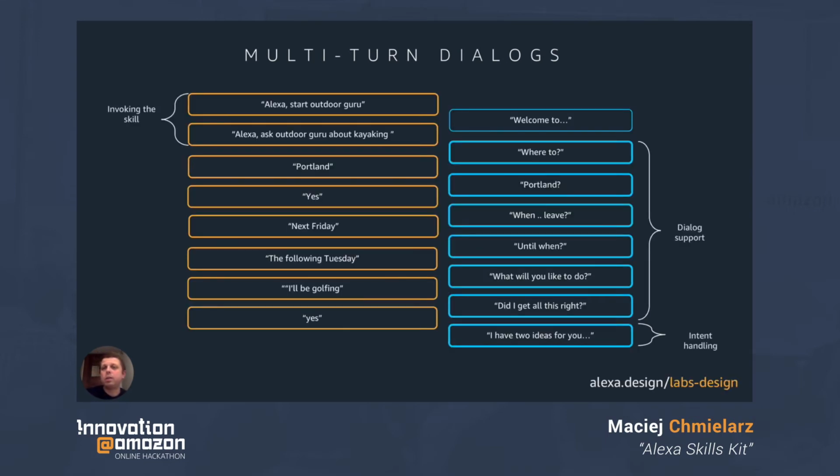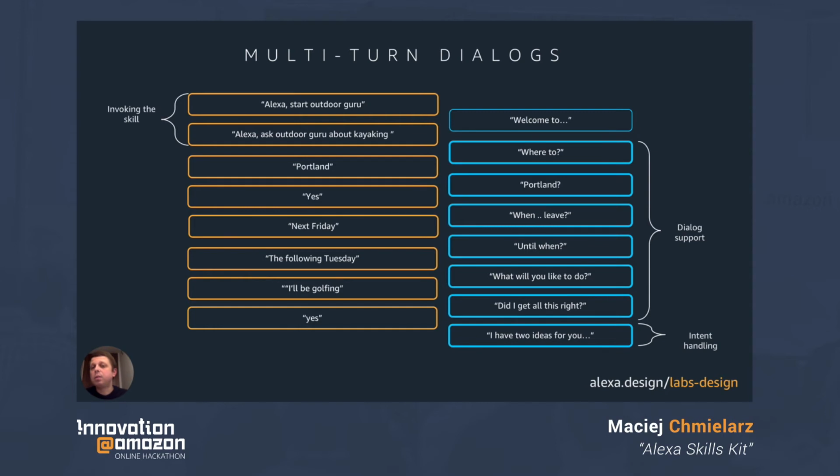This is an example based on a skill named Outdoor Guru that provides recommendations about outdoor activities depending on what the user wants to do. In order to invoke the skill, the user can say, Alexa, start Outdoor Guru, or Alexa, ask Outdoor Guru about kayaking.